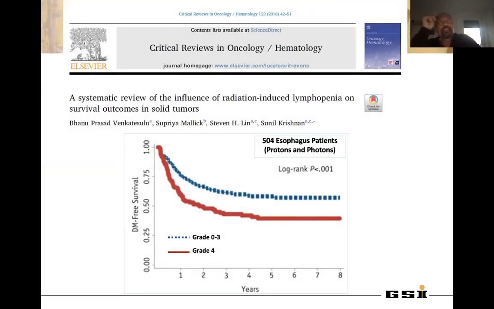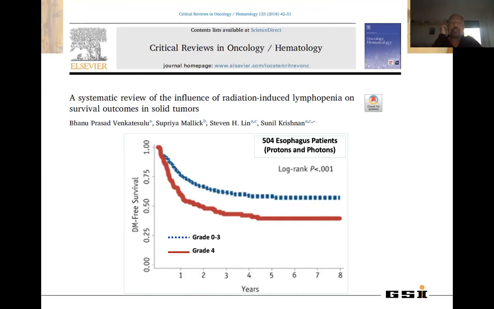One important effect to remember is that because of the sparing effect of radiation, you will have less irradiation of normal lymphocytes. And this is important because generally radiation-induced lymphopenia is a negative prognostic factor in many tumors.